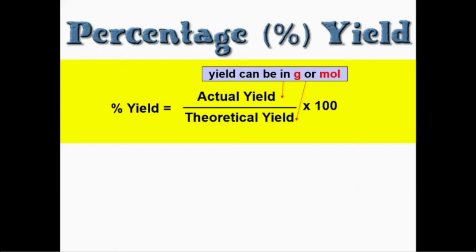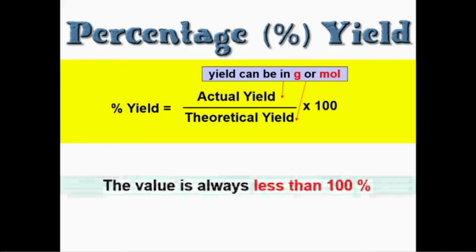And one more thing, remember, the value of percentage yield is always less than 100%, unless the reaction is the same as the theoretical. Normally, we won't get a percentage yield of 100%. Normally it should be less than that.